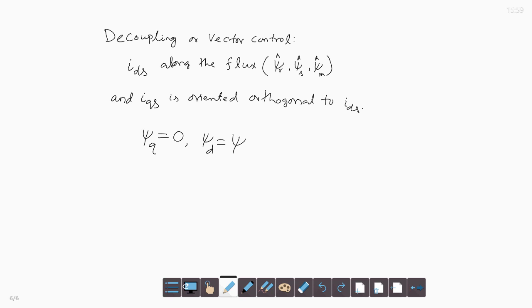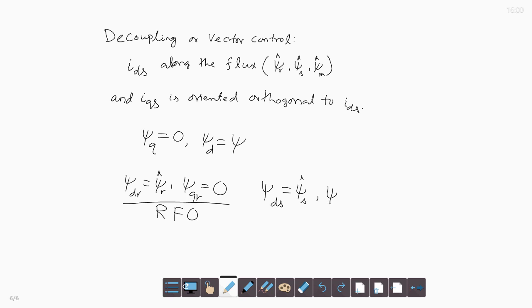For example, in rotor flux orientation, psi d r equals psi r and psi q r equals 0. In stator flux orientation, psi d s equals psi s and psi q s is 0.